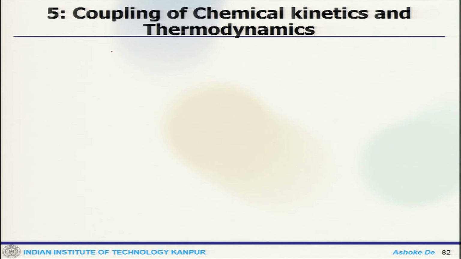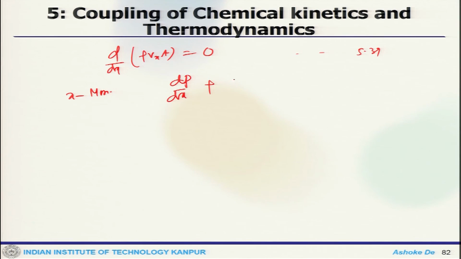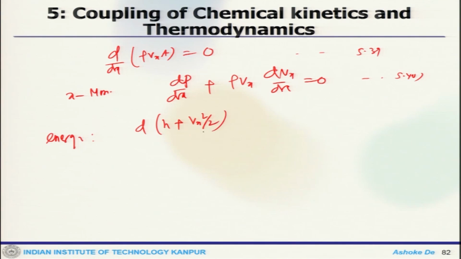Now, mass conservation, you get d by dx of rho Vx A equals 0, that is your 5.39. Then the x momentum equation, you get dP by dx plus rho Vx dVx by dx equals 0, and then energy, you get d by dx of h plus Vx square by 2 plus q dot P by m dot equals 0.